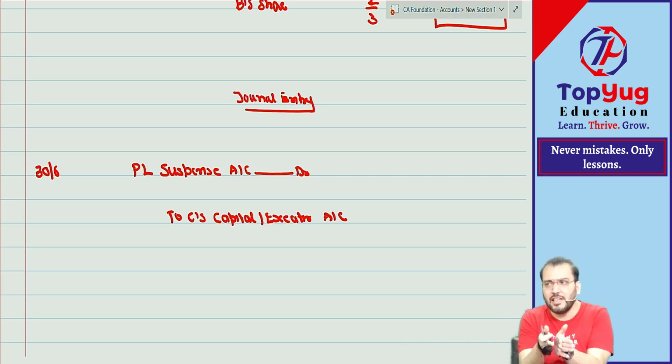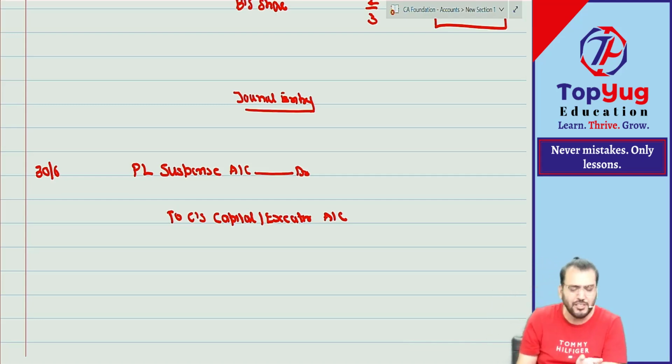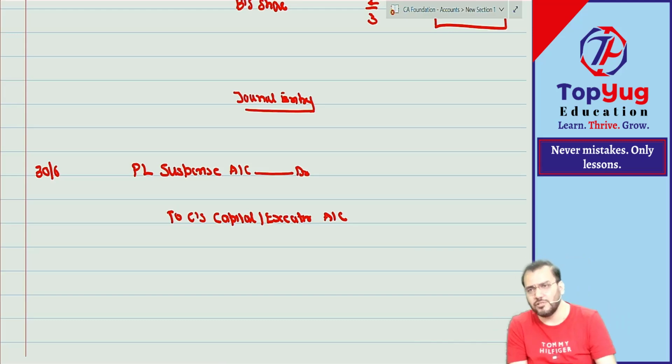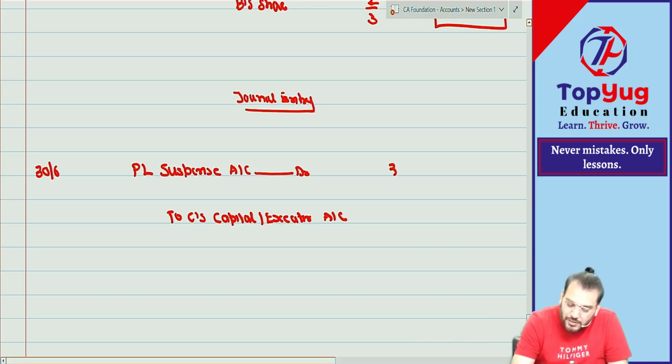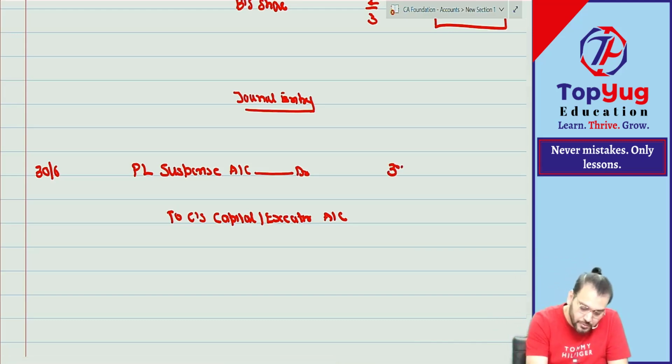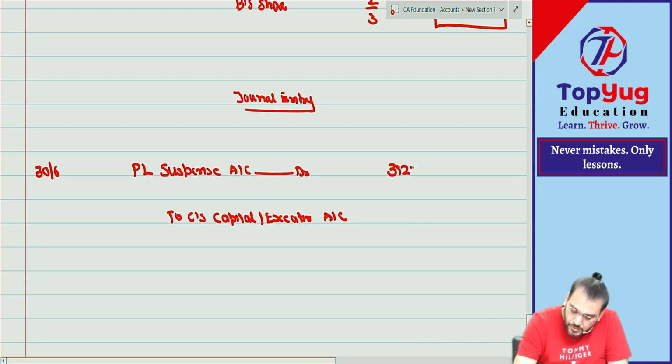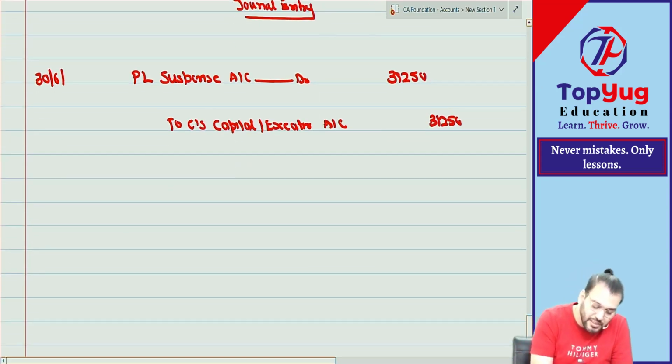Means initially capital, then ultimately on the date of event the entire balance will be transferred to his executor account. So you can see C's capital, C's executor, both are correct. 31,250, correct. Then this is 38 June 2020 na.